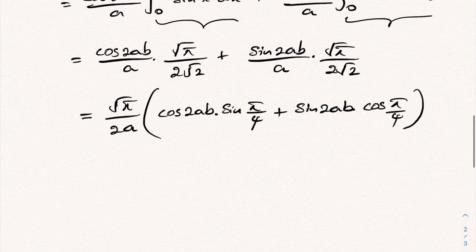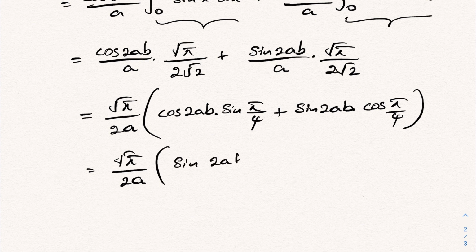Now again using a trigonometric formula, we can write square root of pi over 2a times sine of (2ab plus pi over 4). Okay, this is the answer for this integral.